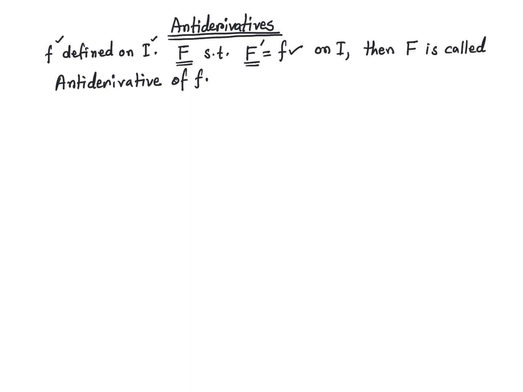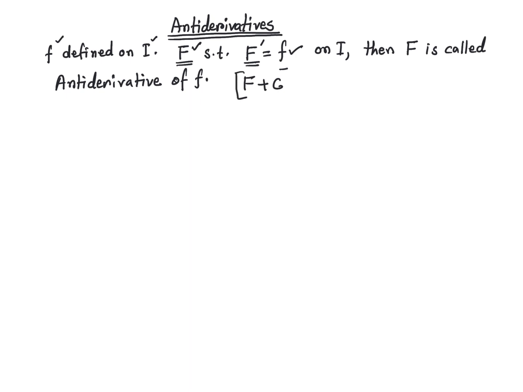However, this new function that we found is not necessarily unique. If we take the derivative of uppercase F, we get the lowercase f. So uppercase F is an antiderivative of the lowercase f, okay? However, think of this, uppercase F plus some arbitrary constant c.